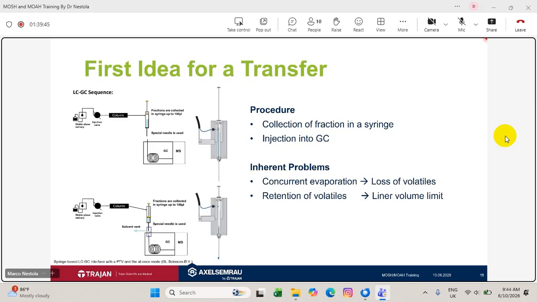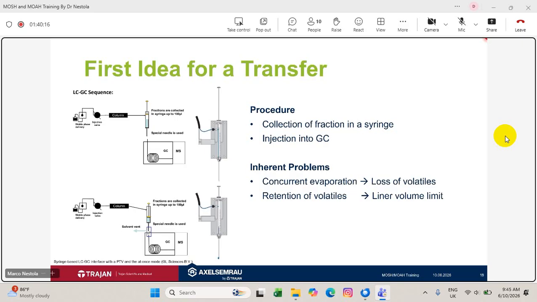Because you're injecting very fast, during the evaporation of the solvent the liner is cooling down by more than 40 degrees. So you are creating a cold spot in the liner, and then you can also retain volatiles. But this works only for volumes smaller than the liner. So basically it works fine for 100 microliters, not so fine for 500 microliters.